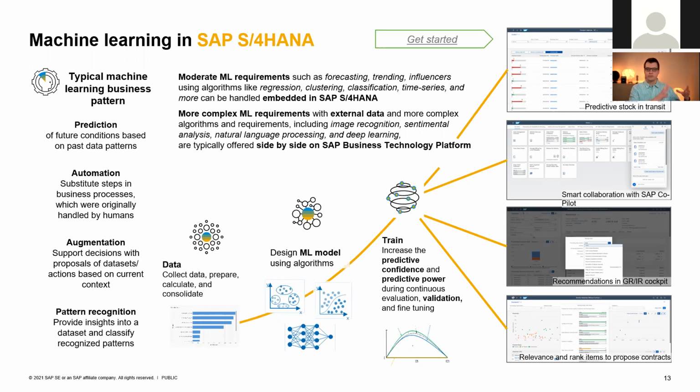So more of the statistical things, whereas the side-by-side scenarios in SAP Business Technology Platform are typically used for natural language processing, deep learning, and so on, where we need massive parallel processing in the cloud to help make that happen.